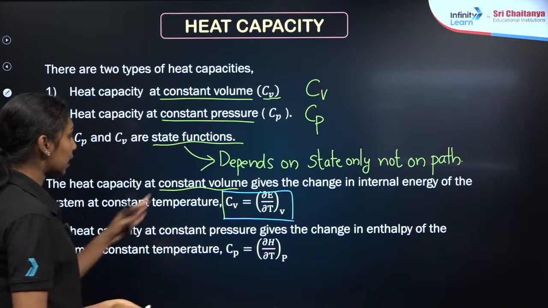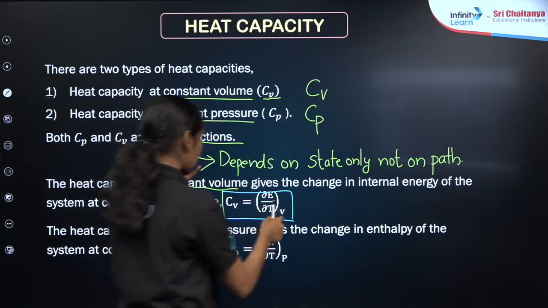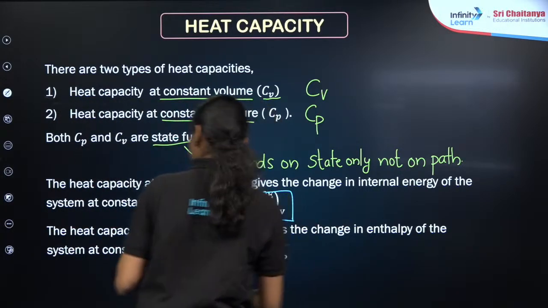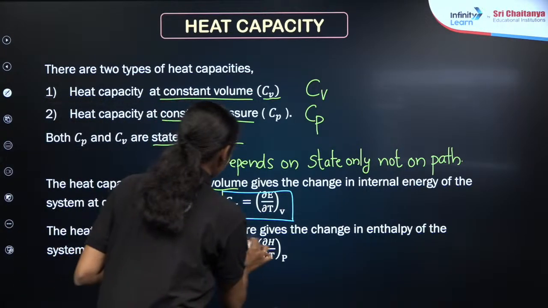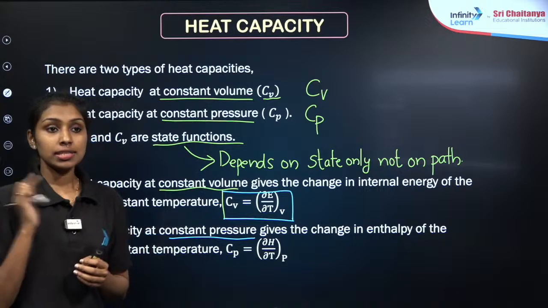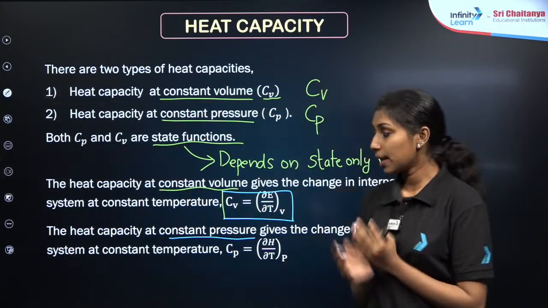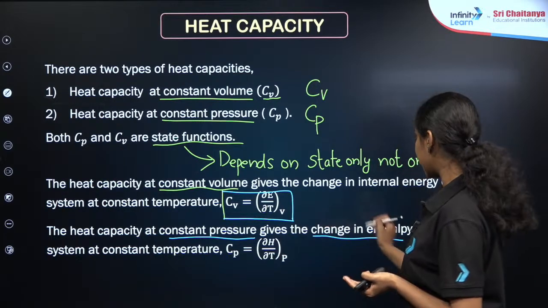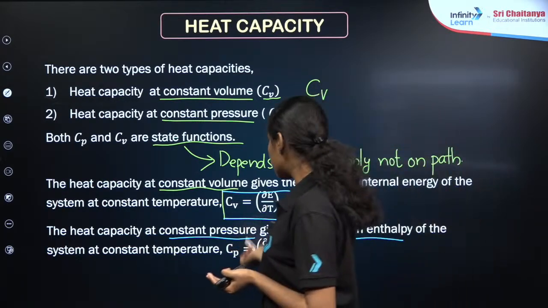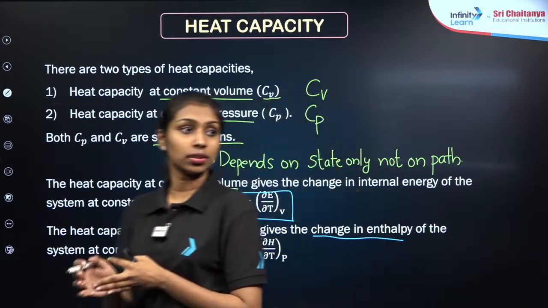Otherwise, it is defined as dou E by dou T at constant volume. Then what about the second one? The heat capacity at constant pressure, Cp, is defined as the change in enthalpy, dou H, of the system with temperature. So dou H by dou T at constant pressure. Clear?